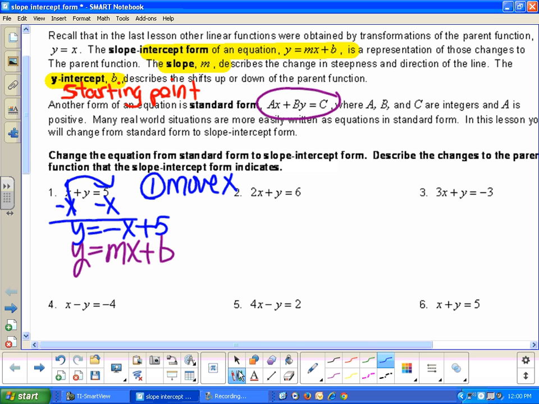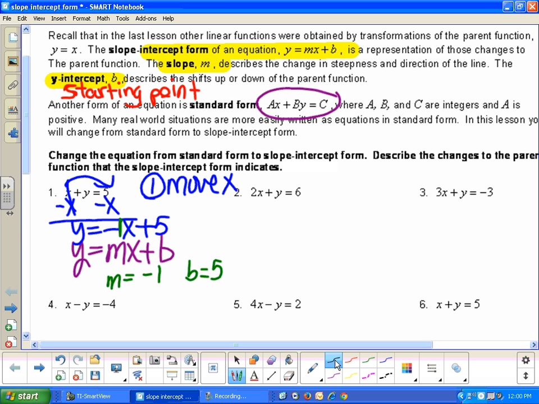What number is understood to be in front of x? 1. So what's your slope? Negative 1. What's your y-intercept? 5. There you go. Because what we want to be able to do is either put this in the calculator or to graph.